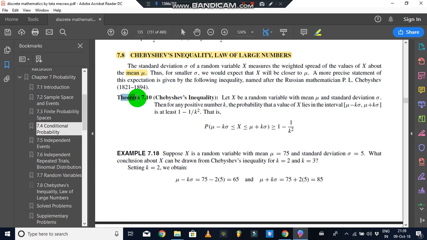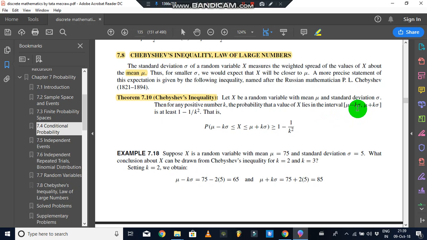Don't worry, just learn this theorem. Let x be a random variable with mean mu and standard deviation sigma.